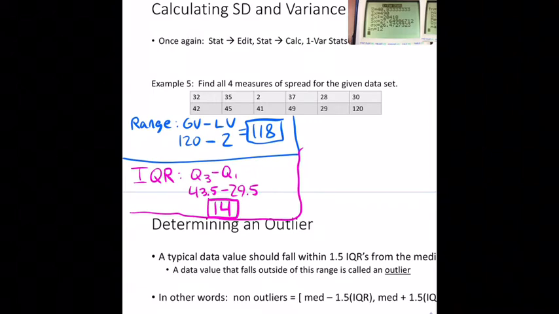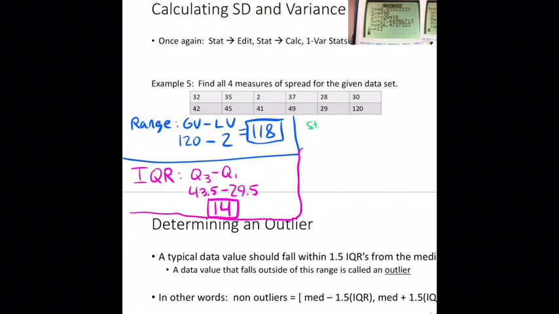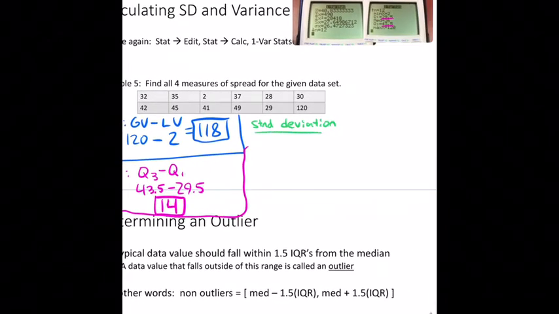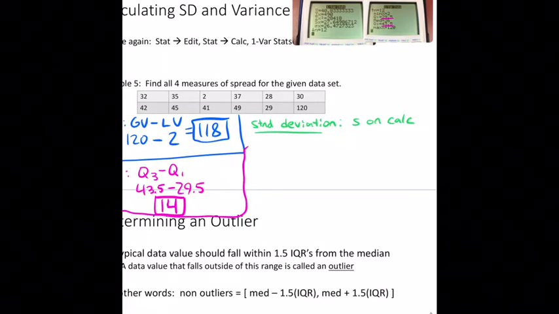Okay. The other measures of spread are standard deviation and variance. Okay. Real important here about standard deviation. On your calculator, standard deviation is given by S. That's really important. Get that on a cheat sheet because people tend to give the wrong number.